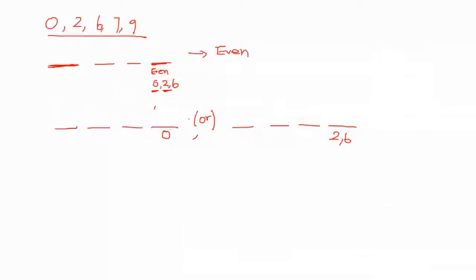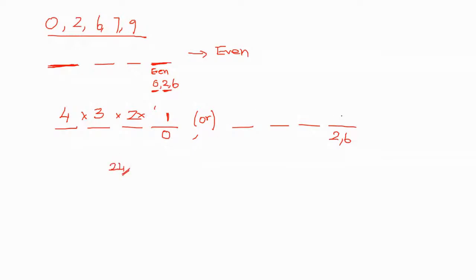So with 0 being the last digit, how many possible values? Only one possible value for this. For the thousands place, you'll have four remaining possible values, for the hundreds place three, and for the tens two. So 4 into 3 into 2 into 1, which is 24 possible arrangements here.